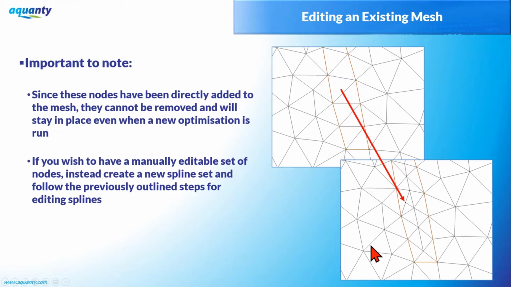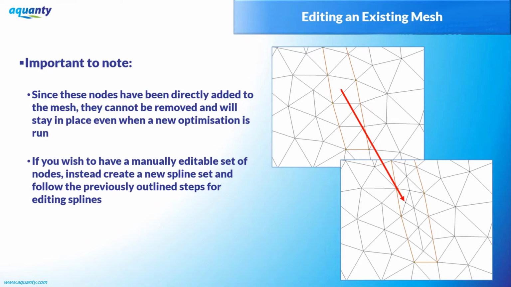Important to note here that since these nodes have been added directly to the mesh, they cannot be removed and they will stay in place even when a new optimization is run. So if you want to have a manually editable set of nodes instead, you would create a new spline set to hold these nodes, and then you can manually add those points to the spline set first.